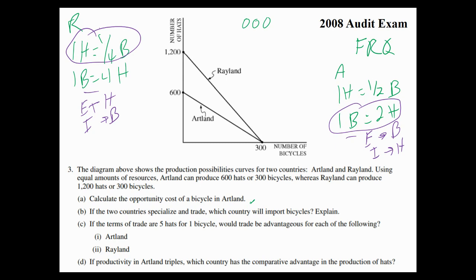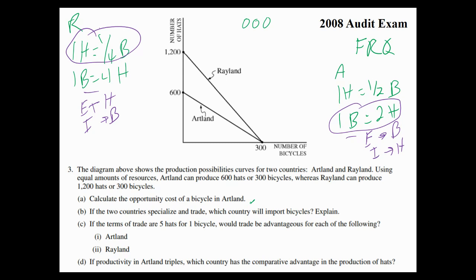So you have to clearly identify that it's cheaper for Rayland to make hats. Therefore, he's going to import bicycles, because Artland is better at making bicycles. So you have to clearly state that. Okay.